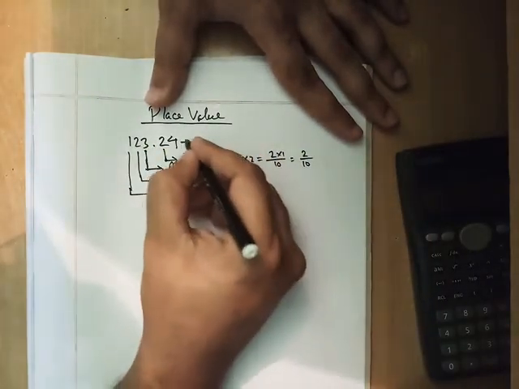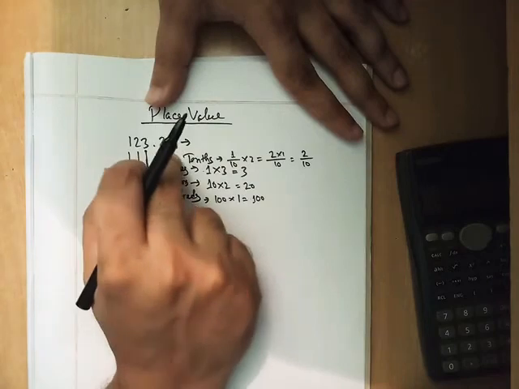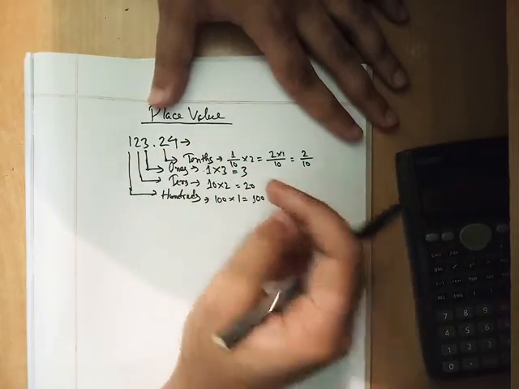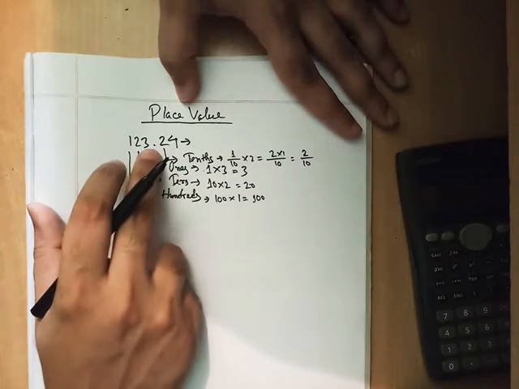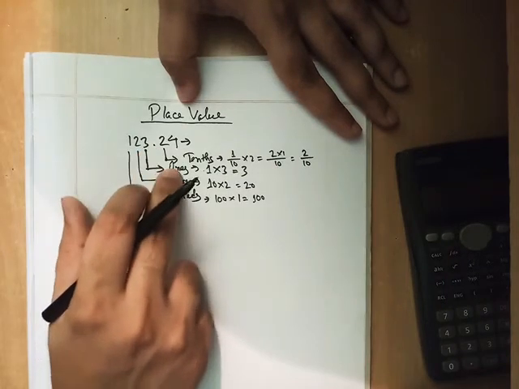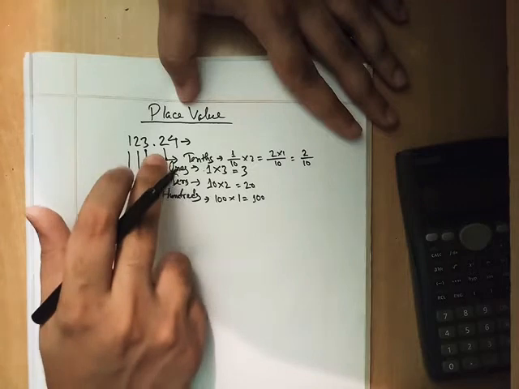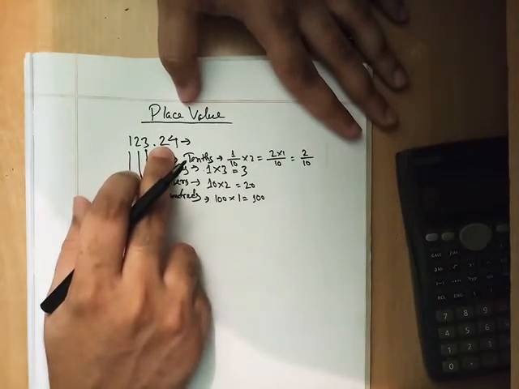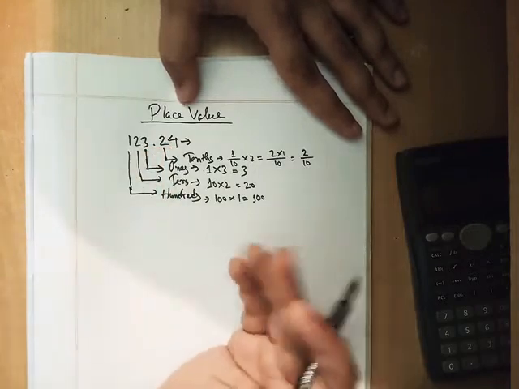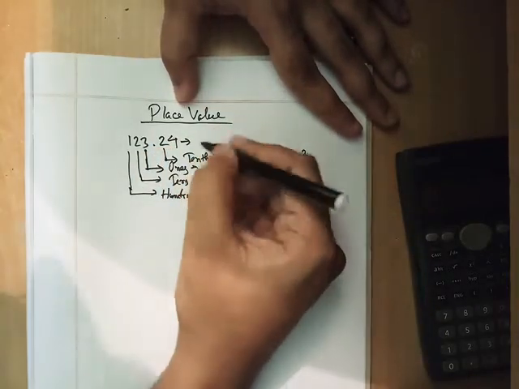Now the second digit of the decimal part is called hundredths. You see in the whole number section, the place names start with ones, tens and hundreds onwards, but for the decimal places, the first digit is not ones, it's tenths, then hundredths, then thousandths, and it goes on like this.